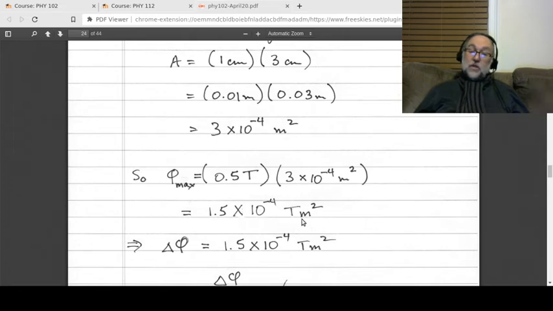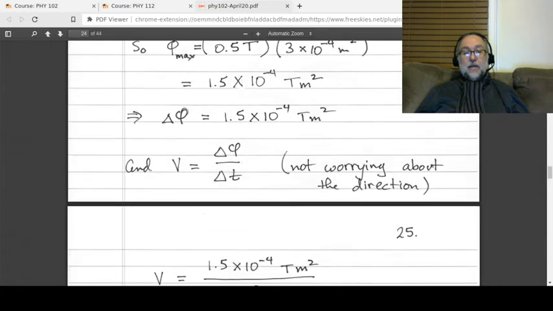There are the units of flux: Tesla meters squared. Now that's your maximum. Your minimum is 0, so your delta phi is 1.5 times 10 to the minus 4 Tesla meters squared. It takes only 1,000th of a second, 10 to the minus 3, for it to make that change in flux.